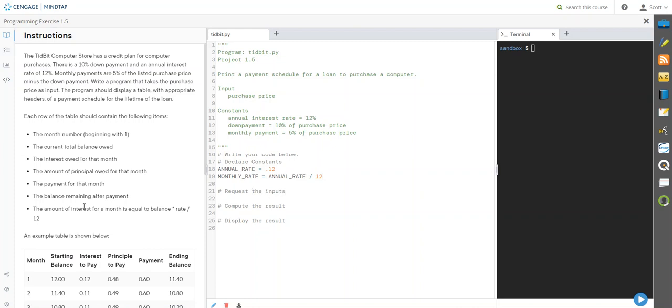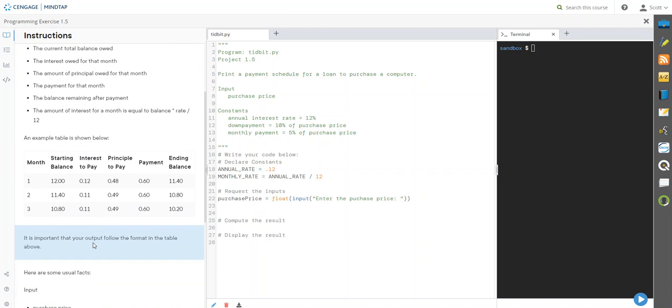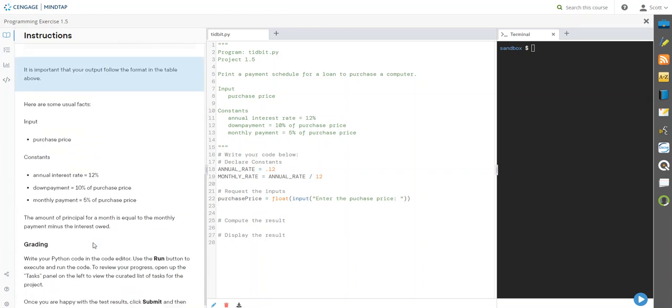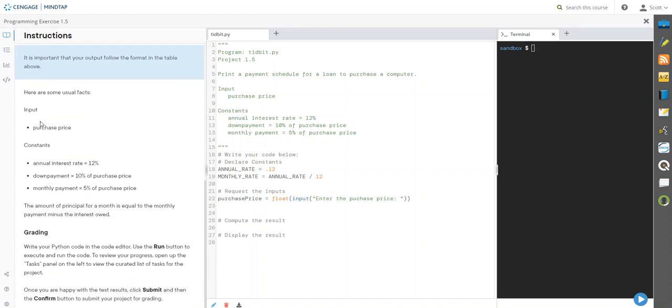We need the inputs. And the inputs, let's do the first one, which is going to be purchase price. So let's come up with a purchase price first. Enter the purchase price. So they gave us one of the inputs, purchase price.